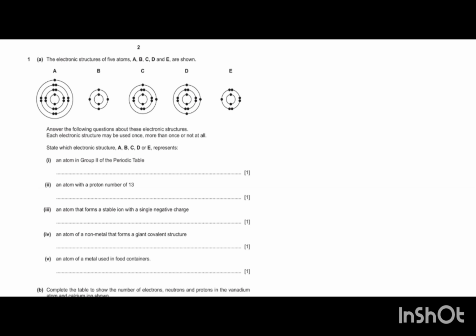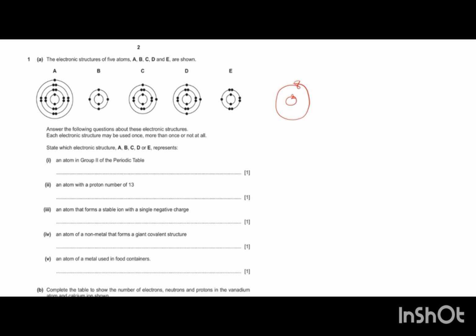Now, first of all, you need to interpret this. When we're talking about electronic structure, let me just give you a little bit of introduction. We know that in the electronic structure of an atom, the first circle here, we call it the orbital aspect. The first circle is known as the S circle, which is known as the K shell, and it usually takes 2 electrons. The others take 8, and so on and so forth.